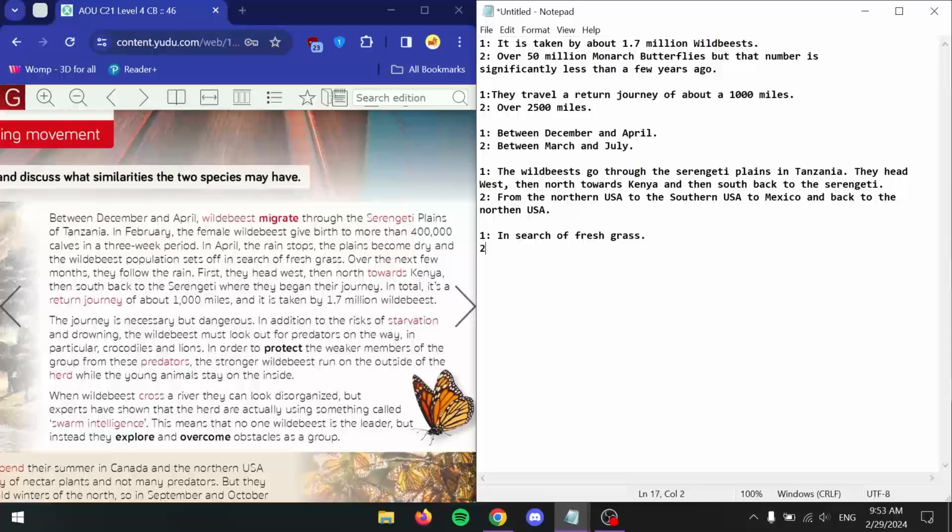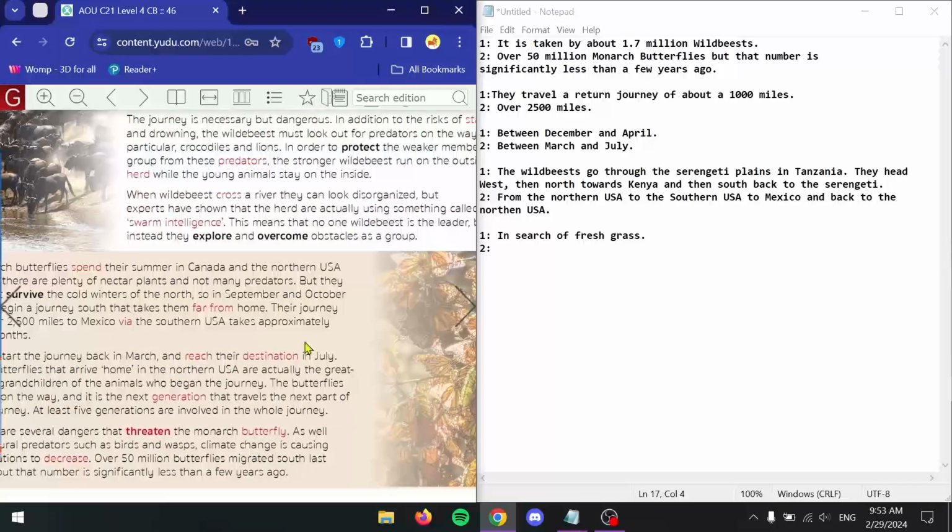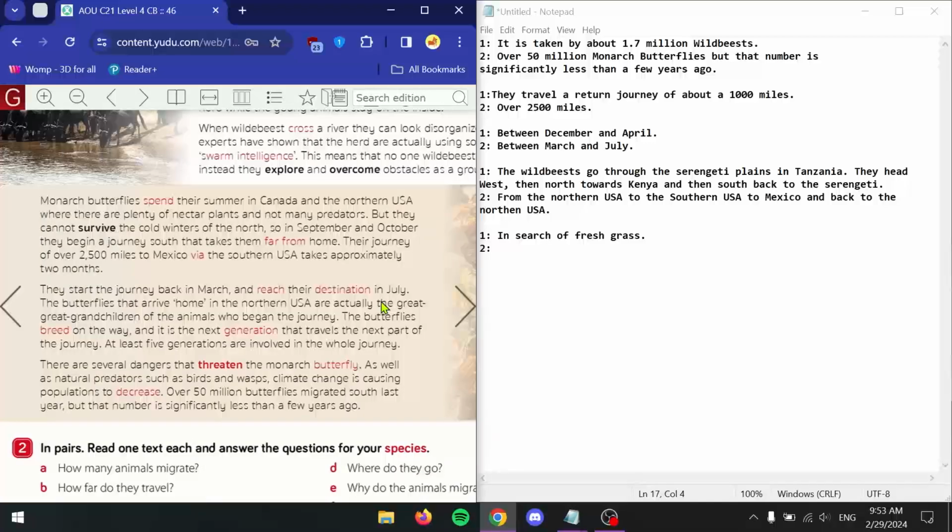And then for number 2, what about the butterflies? They simply cannot survive the cold. So the butterflies cannot survive the cold winters.